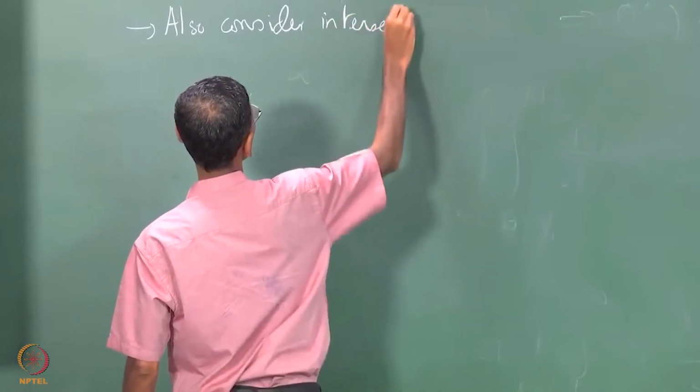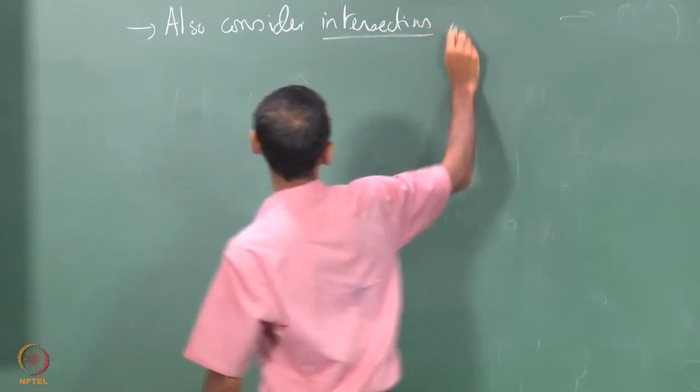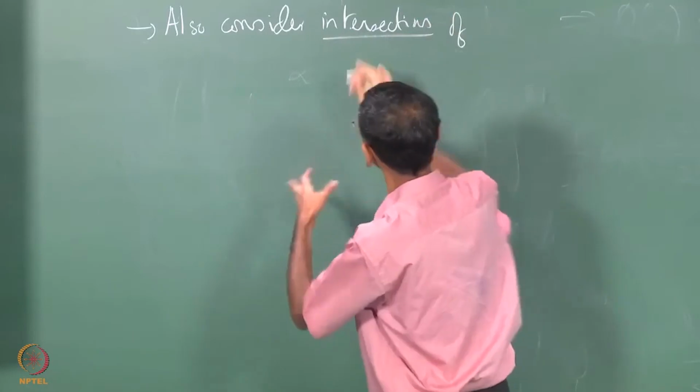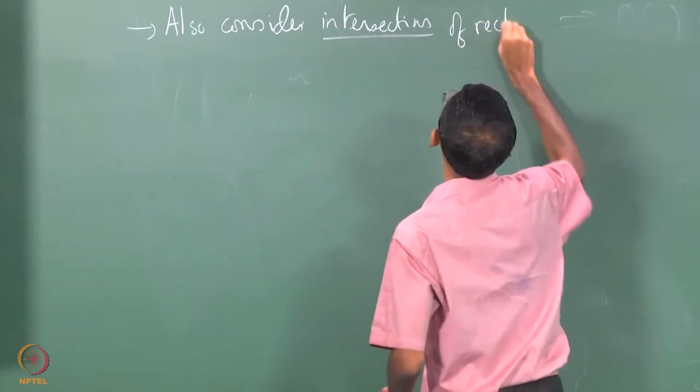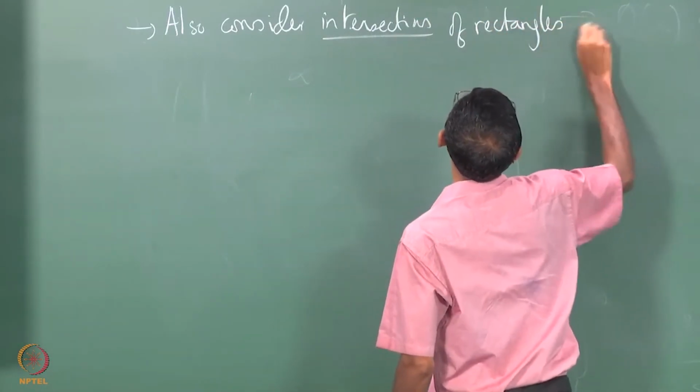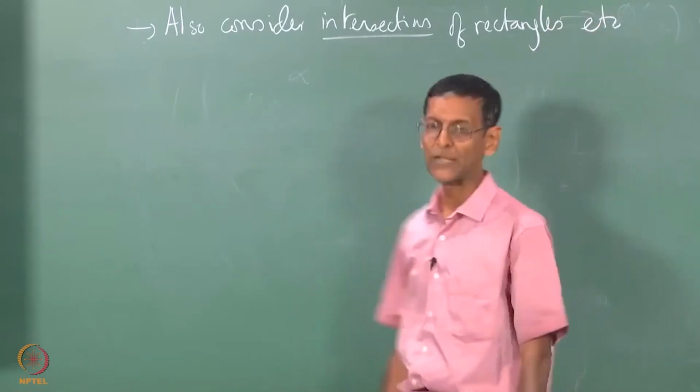So also consider intersections. What do you get when you do intersections of rectangles and then unions of these intersections? What can you generate from this?